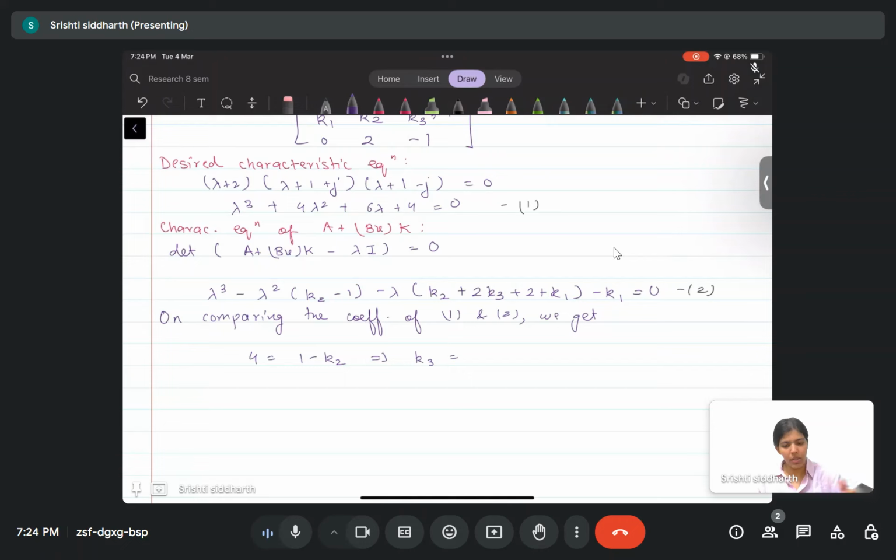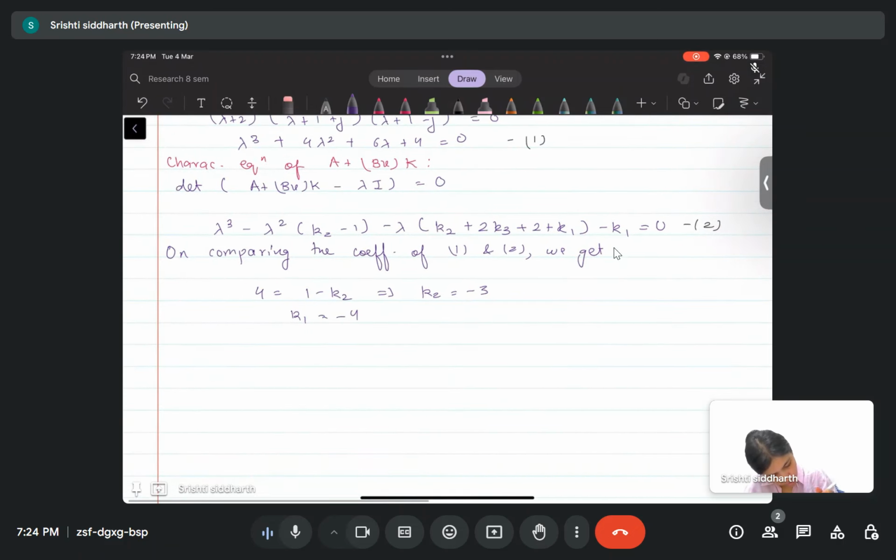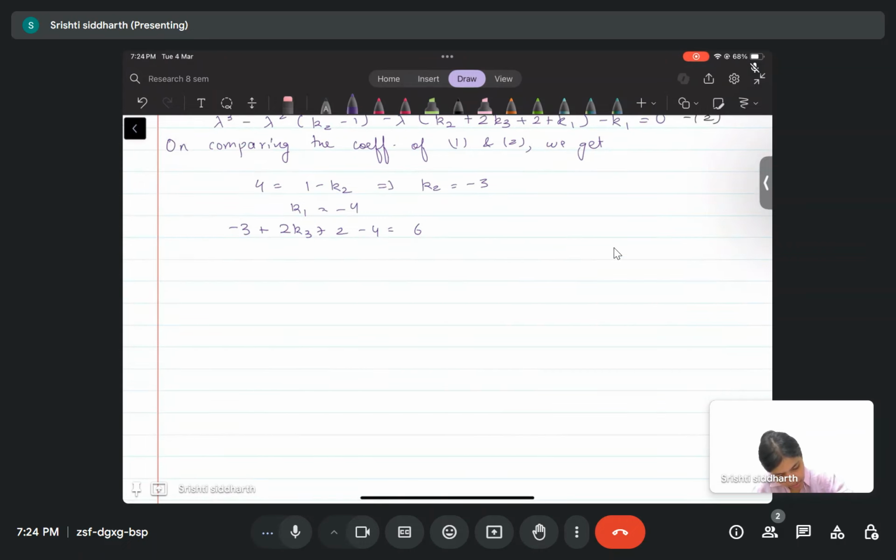K2 is minus 3. Then we have K1 as minus 4. Then finally we have K2, which is minus 3, plus 2K3 plus 2 plus K1, which is minus 4, equals 6. So this is 2K3 minus 5 equals 6. K3 is 11 by 2.